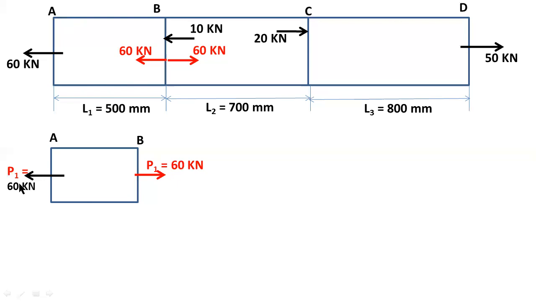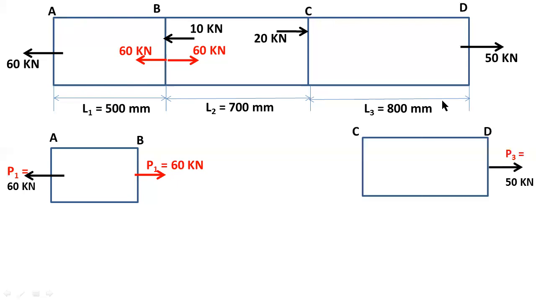Now I consider the last section CD as section 3. Here you can observe the load acting at end D equals 50 kilonewtons. I consider this as the P3 load because this is section 3.